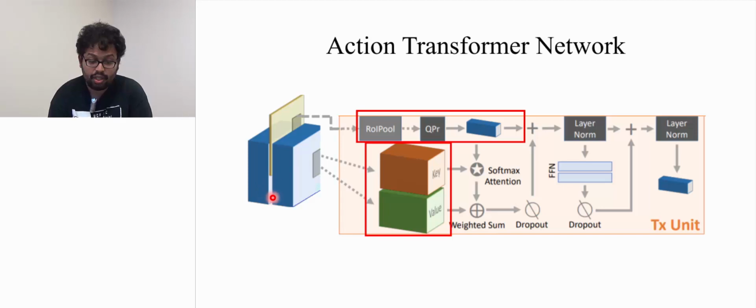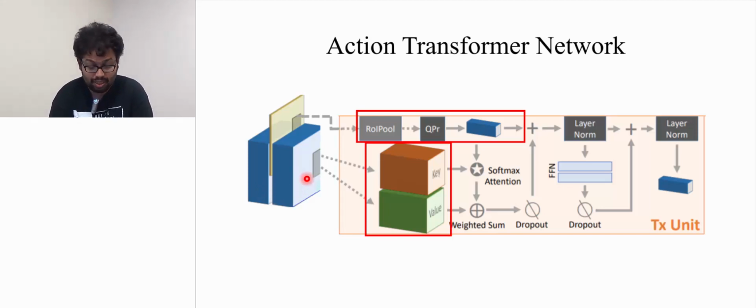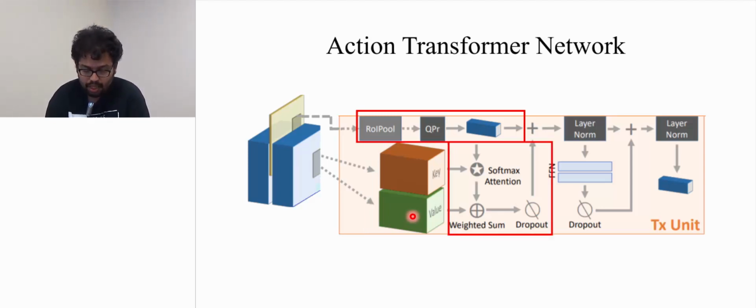The blue cube here represents the contextual information, as they call it, and now it is linearly projected into two different features. One is called the key feature and one is called the value feature, which is used to compute the attention basically. The query feature here is multiplied with the key feature here to compute the softmax attention, which is then multiplied with the value feature here to get the weighted sum.